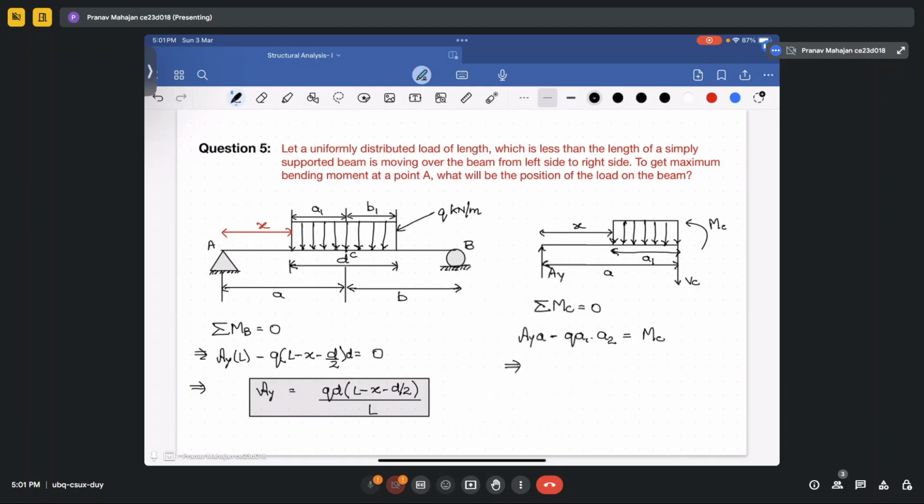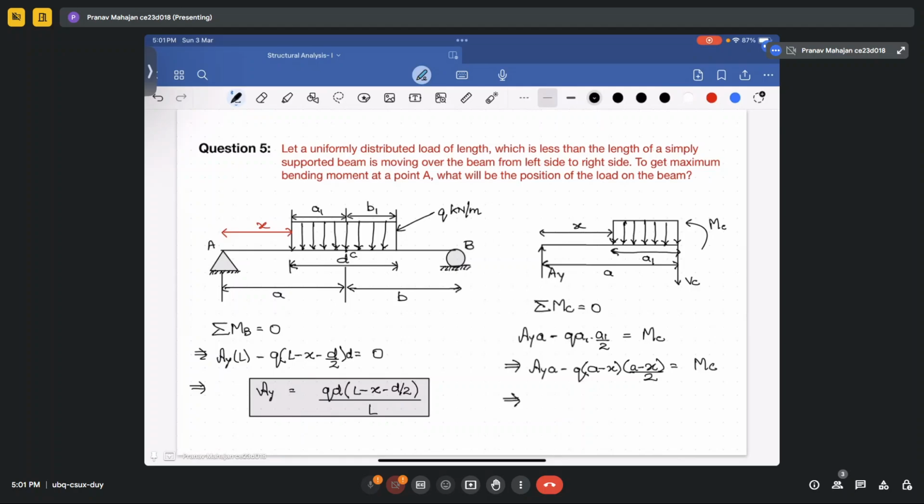By this you will get q into A1, where A1 will be a minus h, into A1 by 2. So this will be a minus h by 2, equal to Mc.